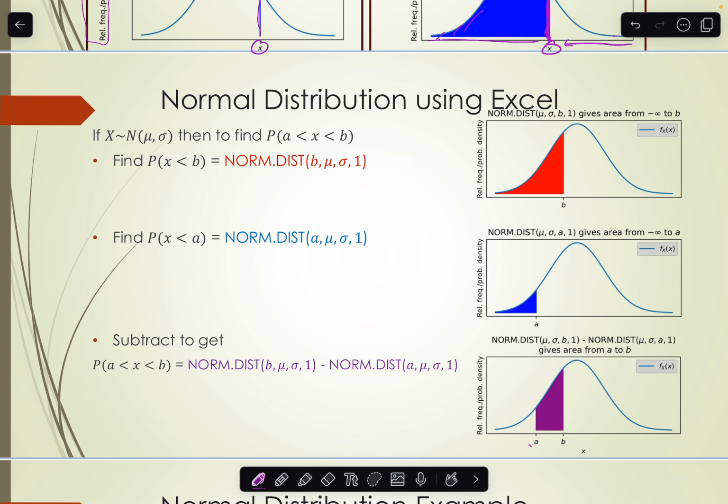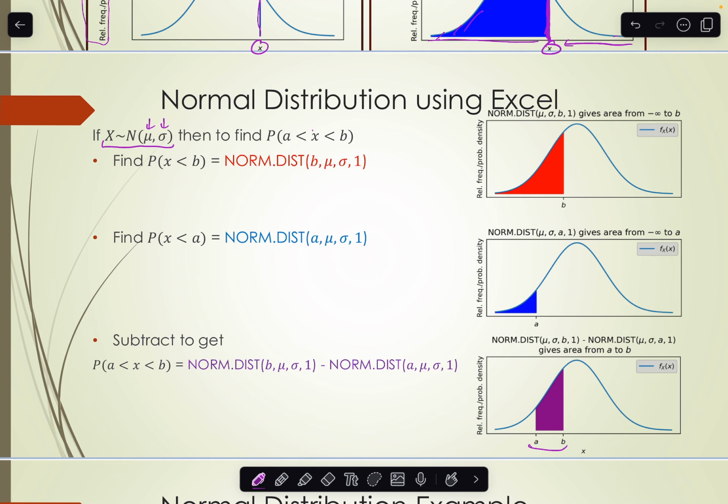To find the area between 2 points, well, we're going to have to get a little creative. So the normal distribution using Excel, again, suppose that x is normally distributed with mean mu and standard deviation sigma. So those are two given parameters, an average and a standard deviation.